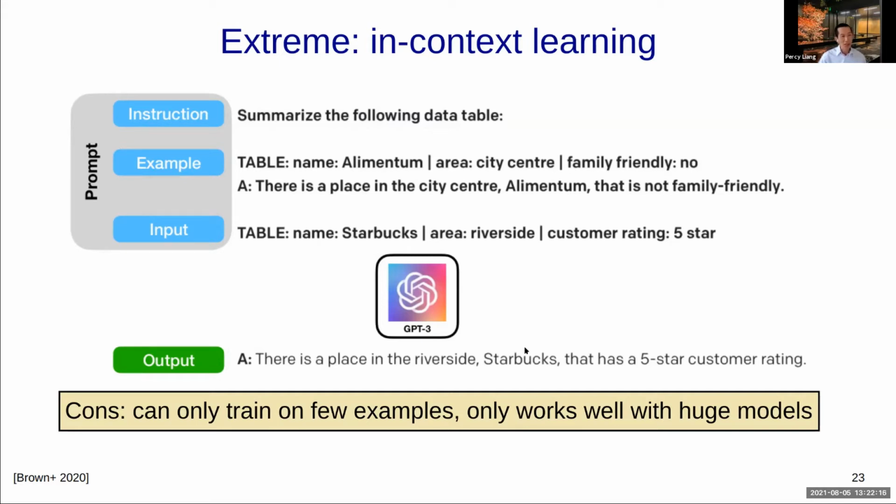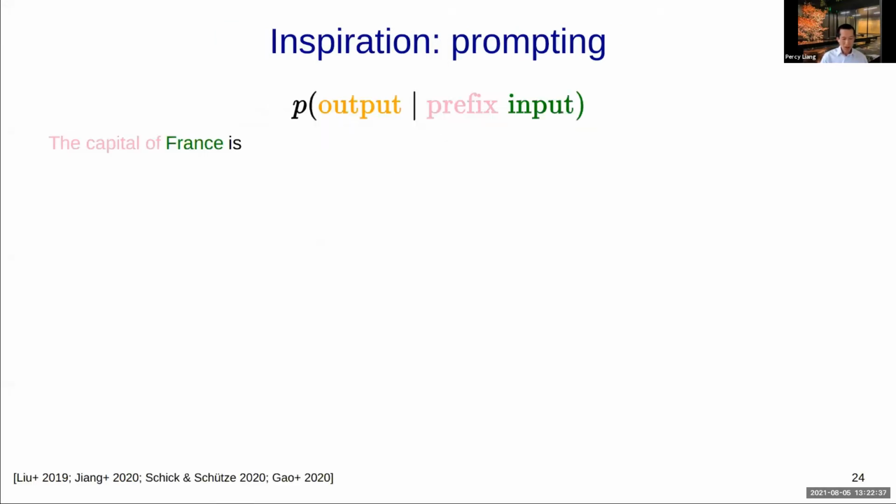This is a really cool way to do learning. The disadvantage is that you can only train on a few examples, the number of examples that can fit into the window size of your transformer. And it only works well with huge models like GPT-3. GPT-2 can't really do it. But nonetheless, we can use prompting or in-context learning as a motivation for what we're going to develop here.